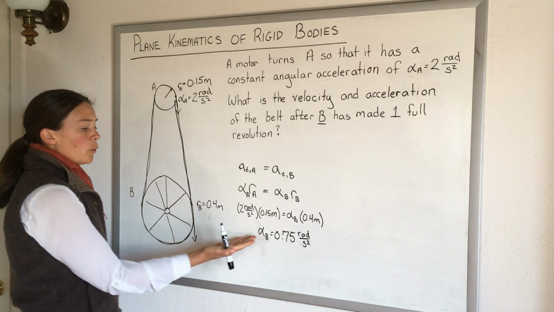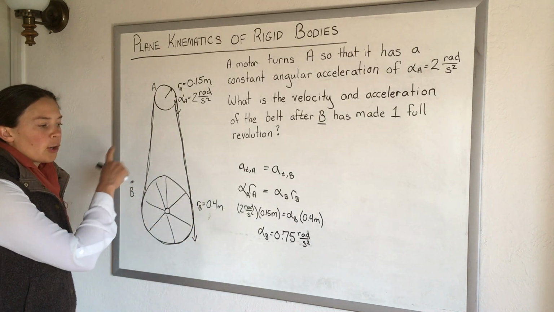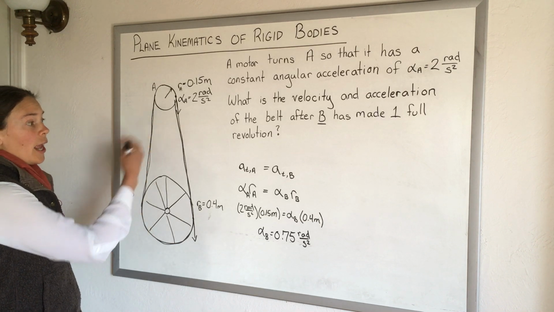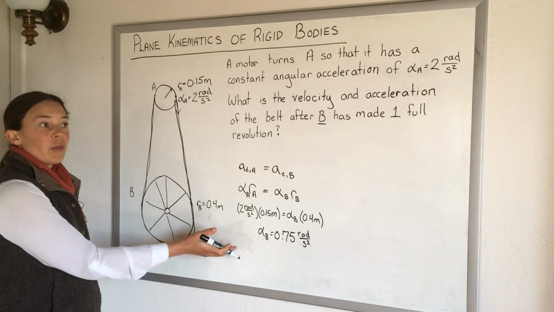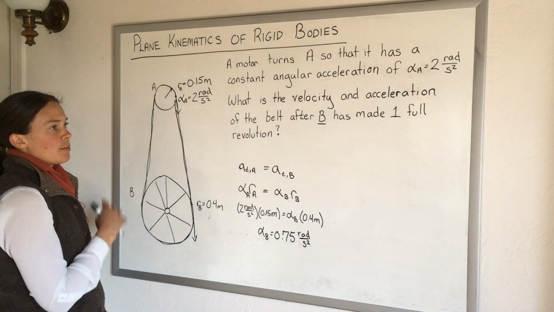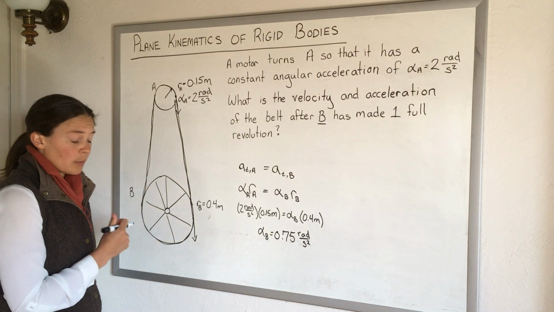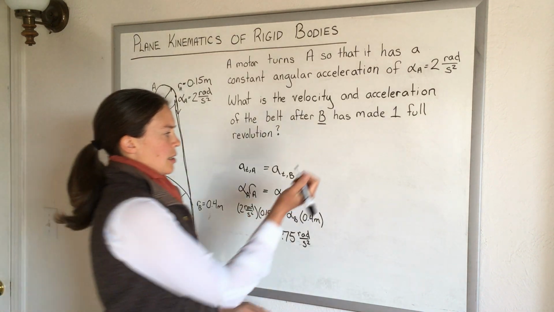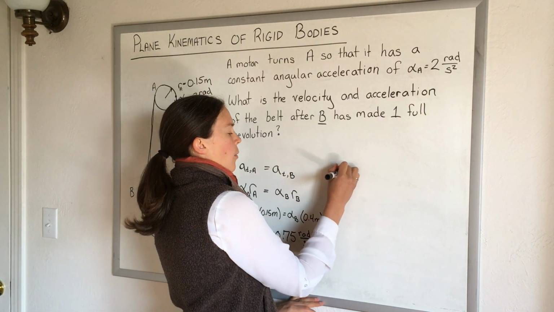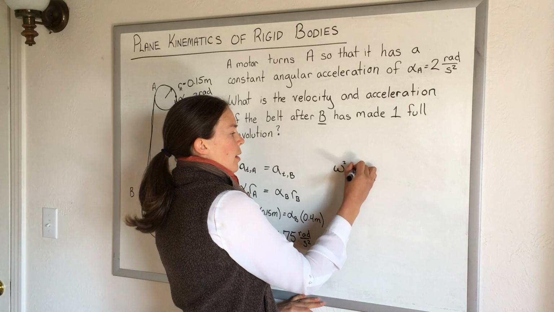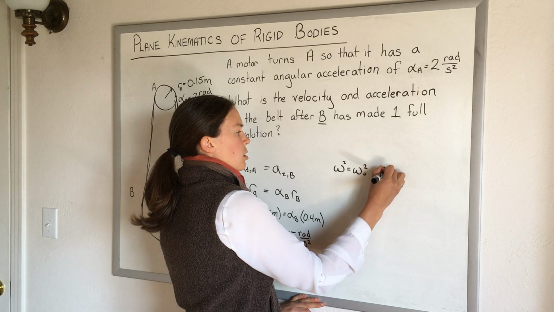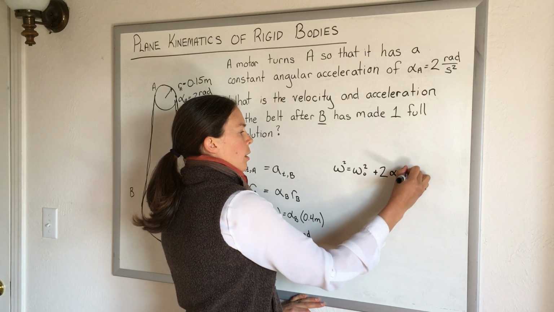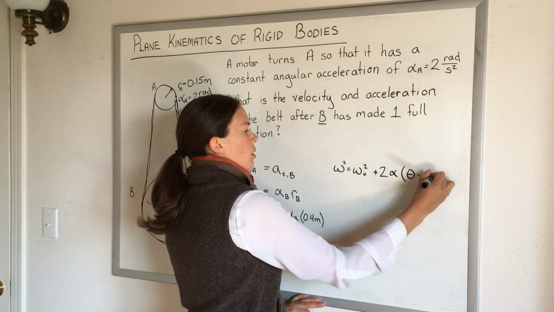And this is really helpful because now we know how far B went. We didn't know how far A went, but we do know how far B goes. So we can figure out what the motion is going to look like after B has made one full revolution. And the way I'm going to do this is I am going to use omega squared equals omega naught squared plus 2 alpha (theta minus theta naught).